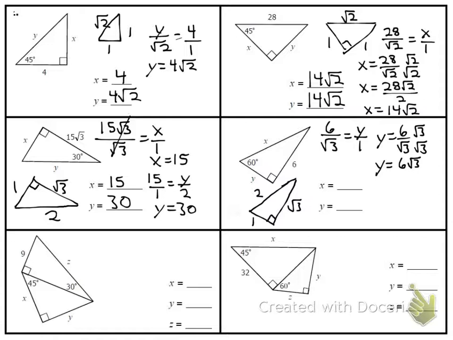That's now 6 root 3 over 3, or 2 root 3. Now I could double that to get x because it's that 1 to 2 ratio, but I'm going to write the ratio out. So I know y is 2 root 3 over 1 equals x over 2. By cross product, I get x equals 2 times 2 is 4 root 3.